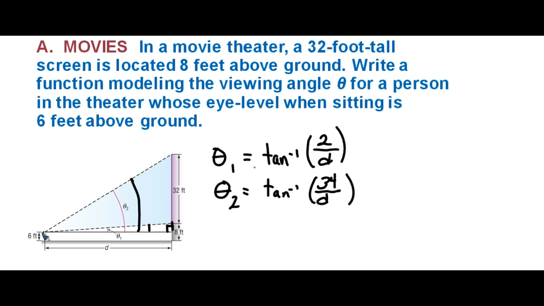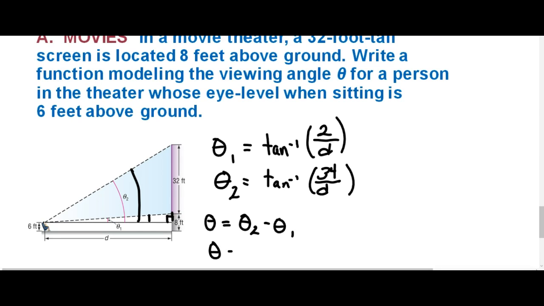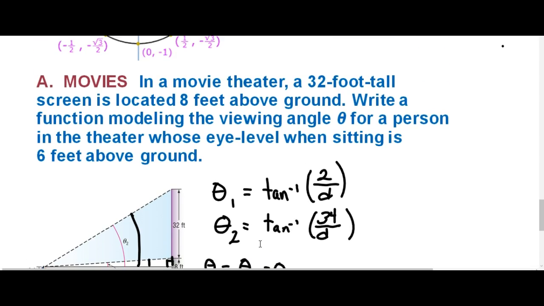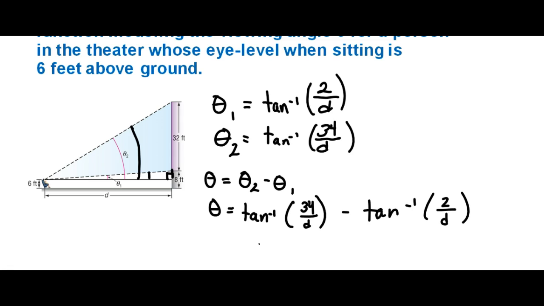So basically, my theta is simply theta 2 minus theta 1, or in other words, we could say theta is equal to the inverse tangent of 34 over d minus the inverse tangent of 2 over d, and that's how I can model the viewing angle for this theater patron.